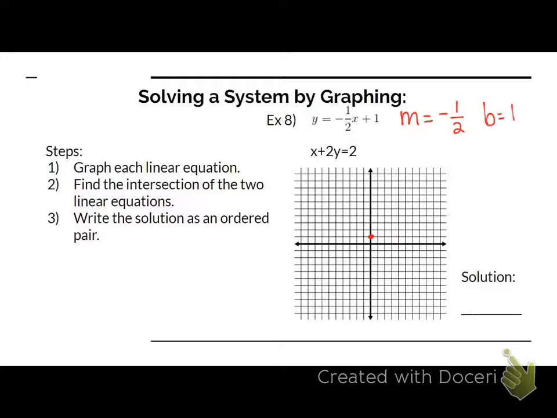Where are we going? Down 1, right 2. Very good. Negative slope, so our line should slant downhill. To get more points, we can go up 1, left 2. We can put a line through them. Even if you don't put all the points, make sure your line goes through the whole graph.